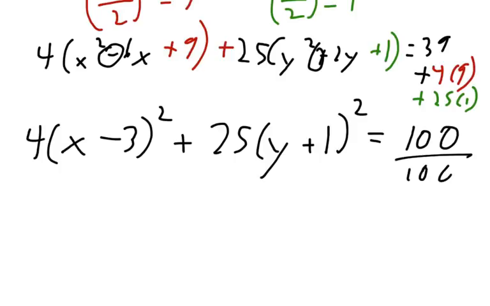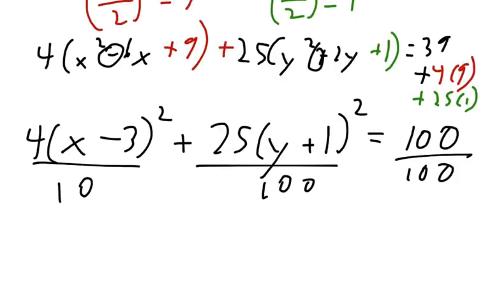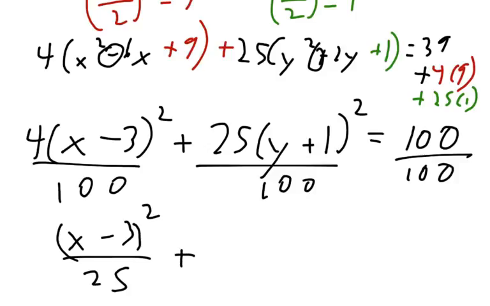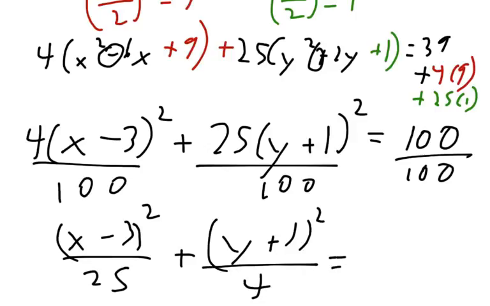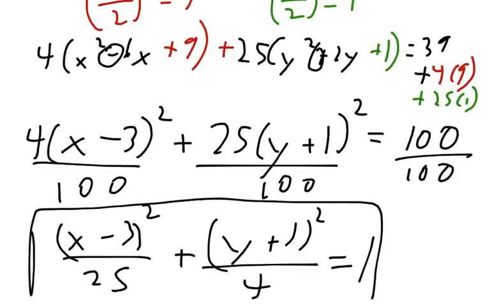Divide everything by 100. And we got x minus 3 squared over 25, plus y plus 1 squared, 25 over 100 leaves us with a 4 on the bottom, equals 1. And that's the equation for that.